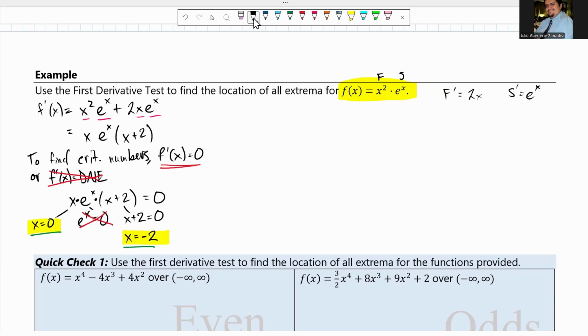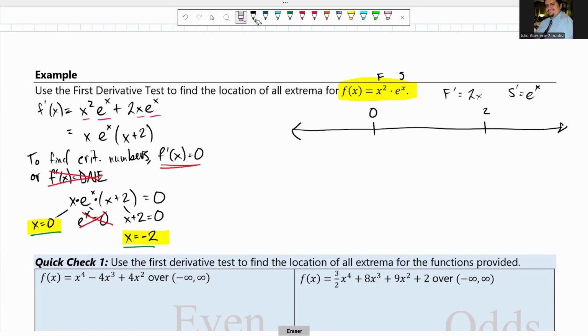So what I'm going to do now is make a number line. I know it's been a long time since we've seen one of these. The number line is going to be made from our critical values. It's going to be 0 and 2.